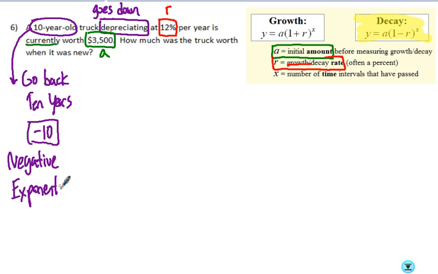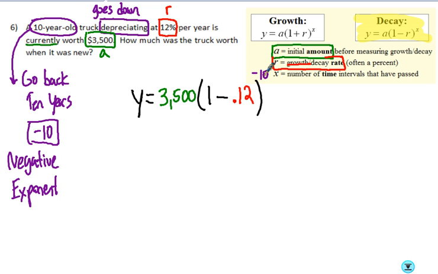Alright, let's set this thing up. We've got y equals A, which is what it's worth today, 3,500, times how it's changing. It's decreasing, so that would be a minus, decreasing by 12%. 12% would be 12 cents, so 0.12. And then our time frame is, oh, we're going back in time, so it would be a negative 10 years.